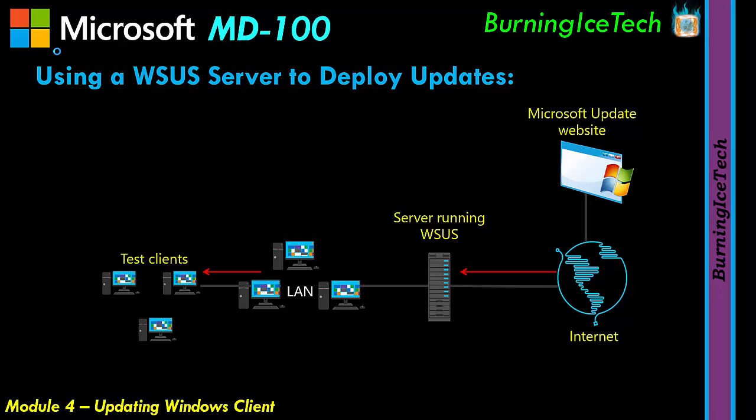Now, getting back to the main topic at hand here, which was, what was it? WSUS. If you have a WSUS server, that server and that server alone will now go and download those updates for your company. So you can see that now in the picture. So a WSUS server is now in between. So that already means a heck of a lot less strain will be on that company WAN link of yours.